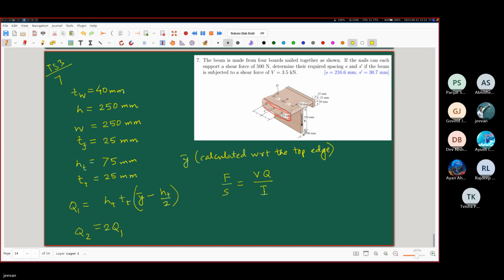That will be the complementary part of this cross section. If you just take one single board, then you can't take this horizontal board plus this vertical board plus this vertical little bit to say that the Q of that whole thing is going to be the minus of this. That is going to be wrong.